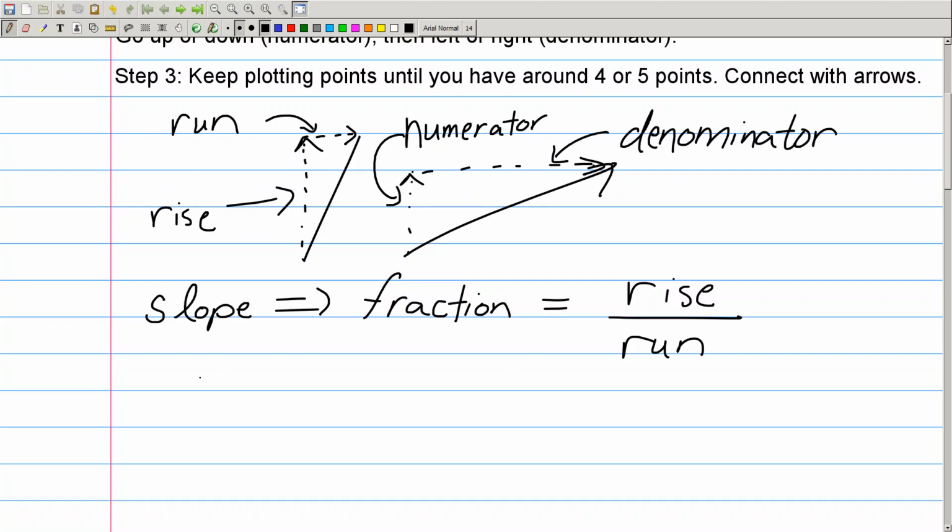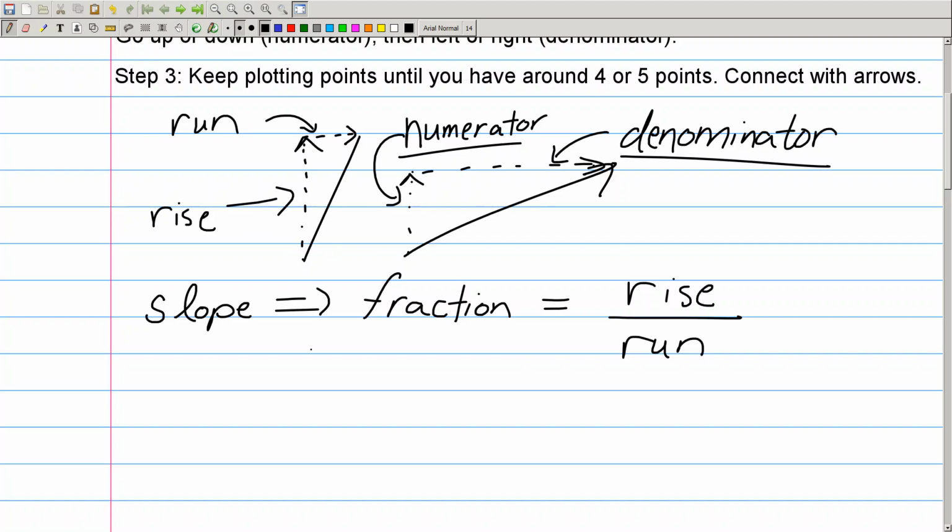In other words, the slope tells you how much the line slants. Okay, if the line doesn't slant as much, that means the numerator is smaller than the denominator. But if the line is very steep, the numerator will beat the denominator.